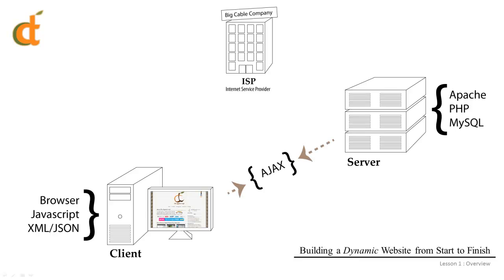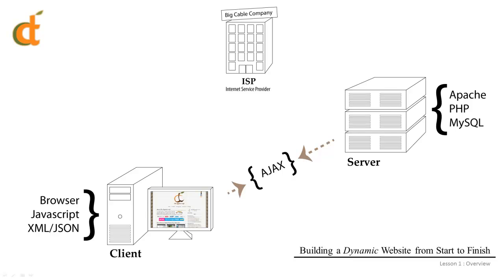Ajax kind of fits in the middle there. The reason I say that is we're using things like JavaScript to do things behind the scenes. Because though JavaScript, XML, and JSON are our client-side languages, we still need to get dynamic content from somewhere.